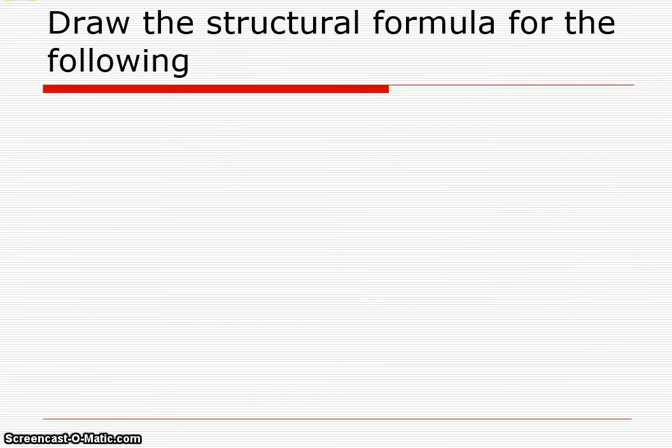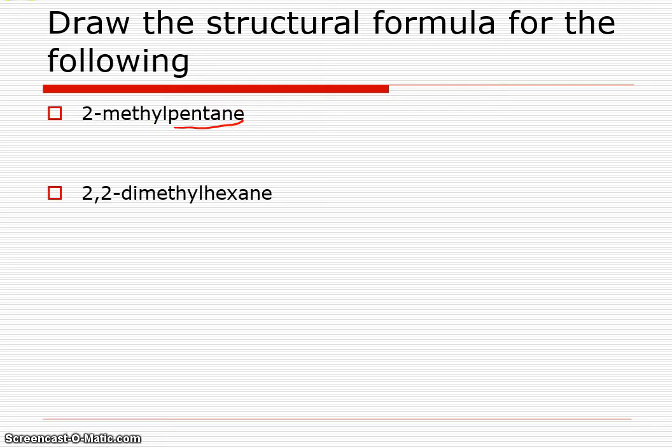Draw the structural formula for the following. 2-methylpentane. So pentane is telling us here that this is our parent chain. So pent is 5, so we have 1, 2, 3, 4, 5, and then it wouldn't matter where I numbered it from.